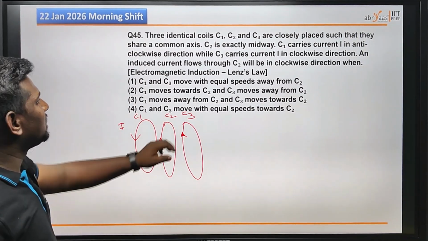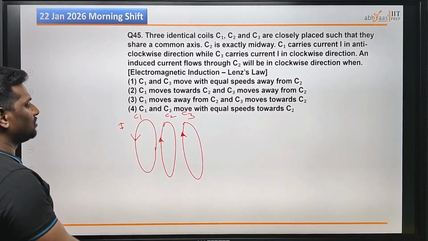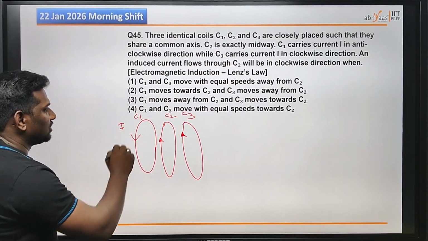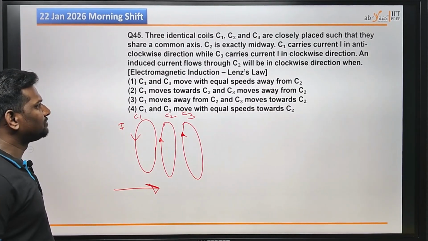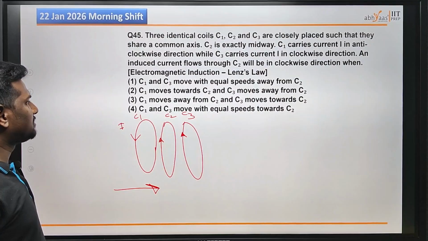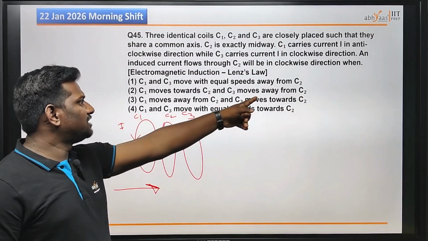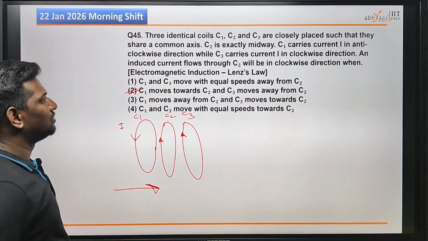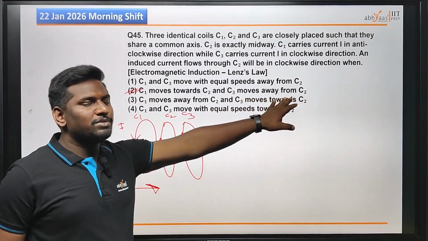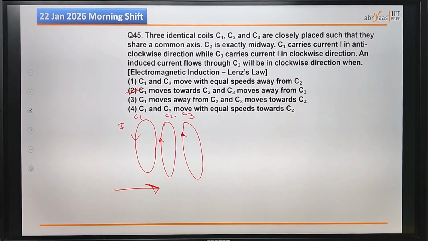So what they are asking, if C2 is to be clockwise, I need to get clockwise direction. So C1 must be towards the C2, and C3 must be away from it, so C3 moves away from the C2. So option 2 is the right answer.